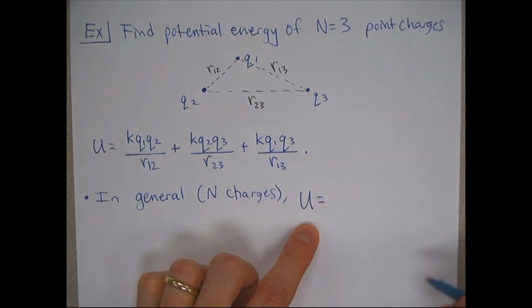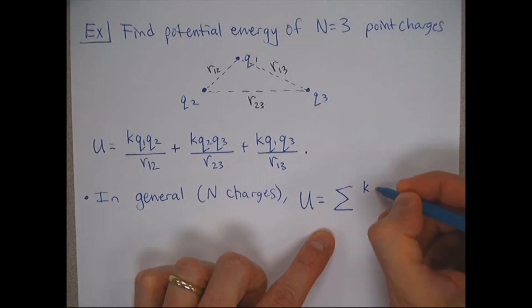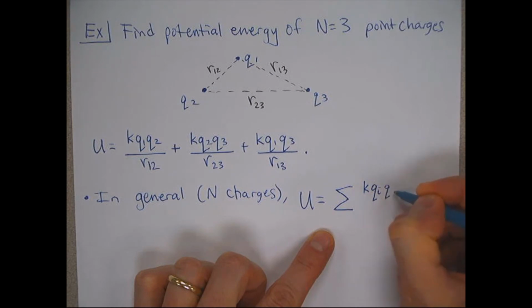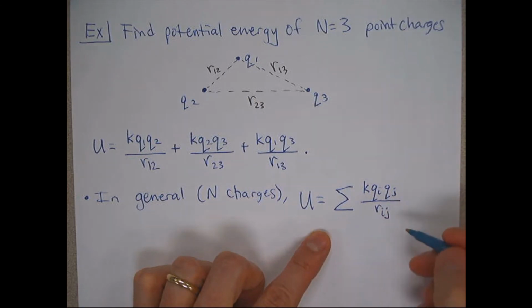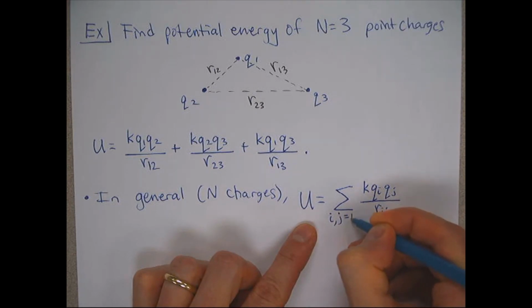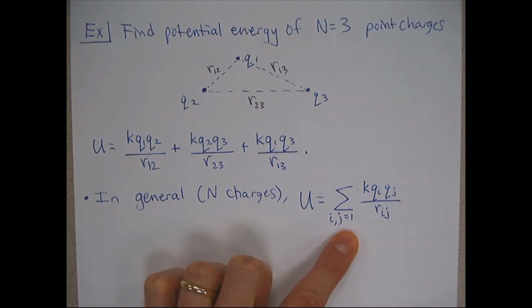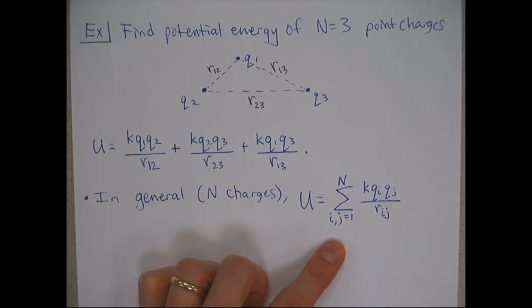That's a specific case with 3 point charges, so let's just generalize to any number n point charges. The potential energy of any system will be k Qi Qj over rij, where those index values i and j start out at 1 for the first charge, and they go up to n.